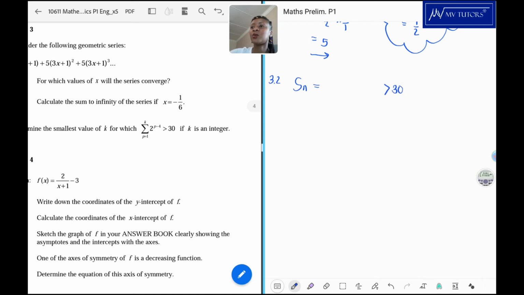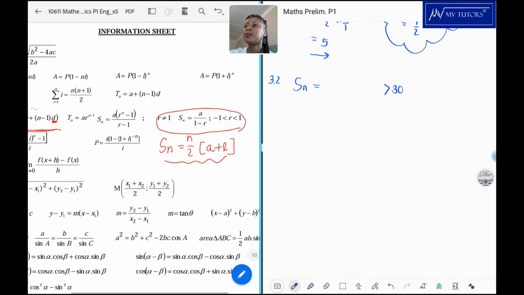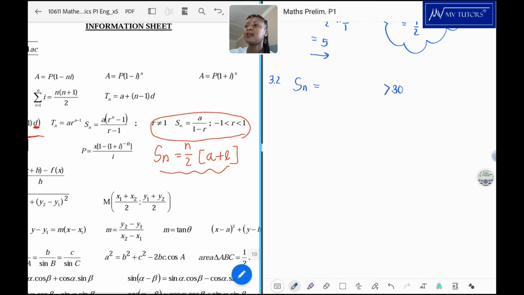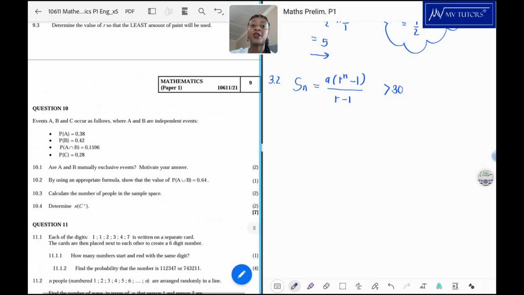So let's go get the formula for the sum of a geometric series there. So we have a, r to the power n minus 1, all over r minus 1. And we're saying that sum has to be bigger than 30.